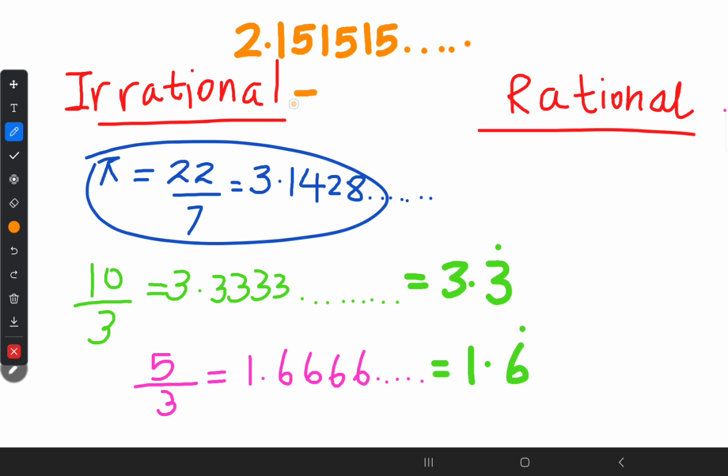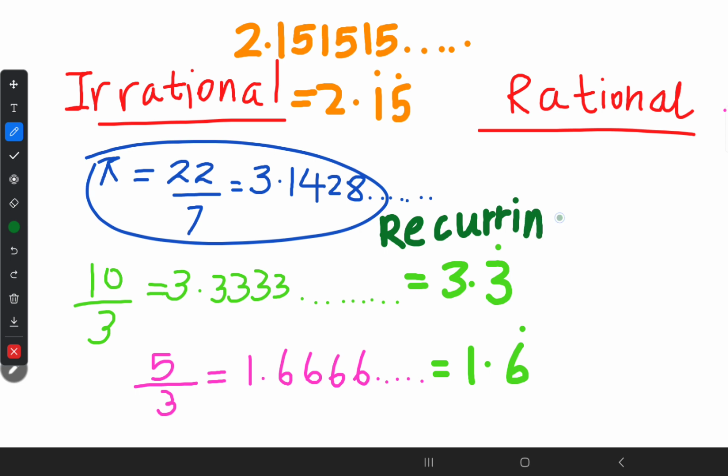You can write this as 2.15. Both of these values are recurring values now. So over 1 and over 5, in both places you should mark a point to indicate that these values are recurring values. Furthermore, the word is recurring decimals.